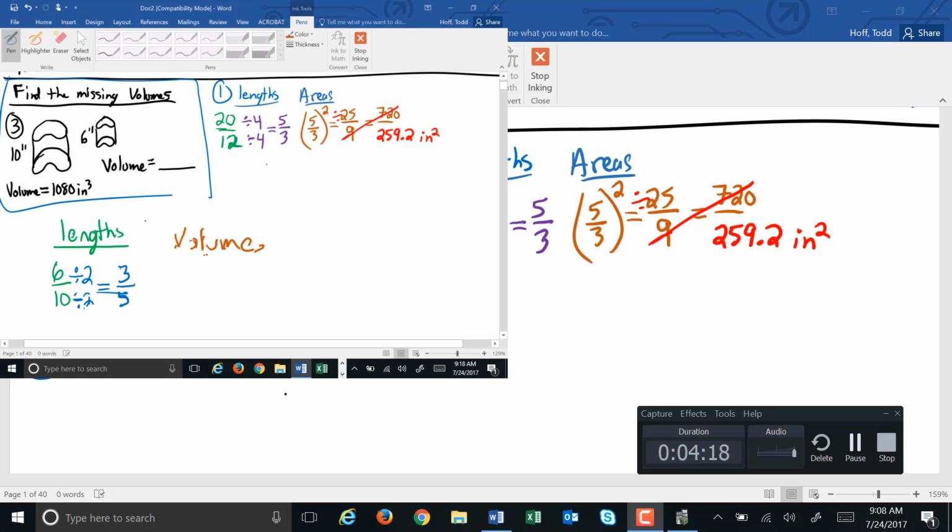Yes, we do have to cube it. 3 cubed is 27, and 5 cubed is 125.